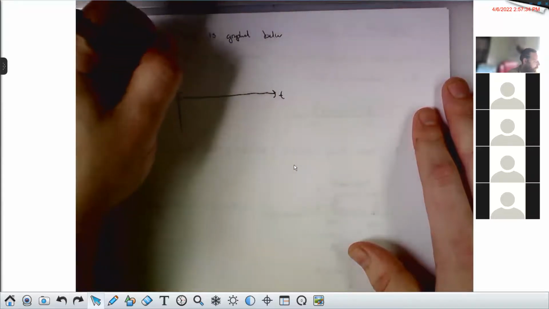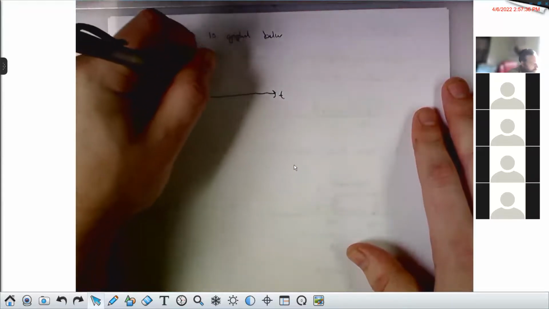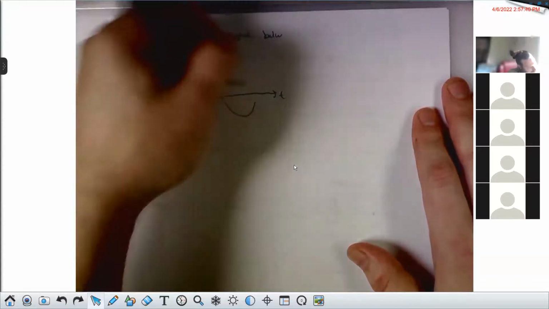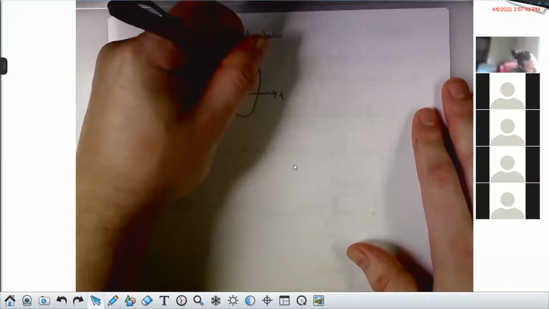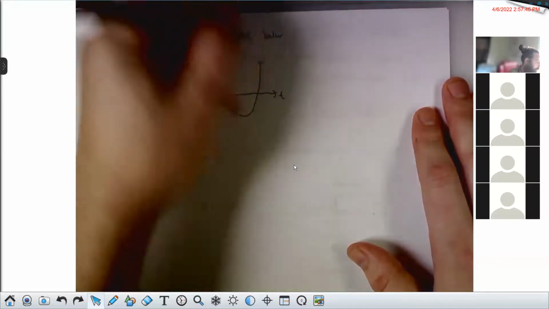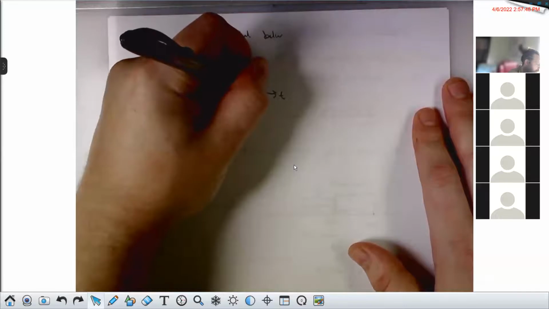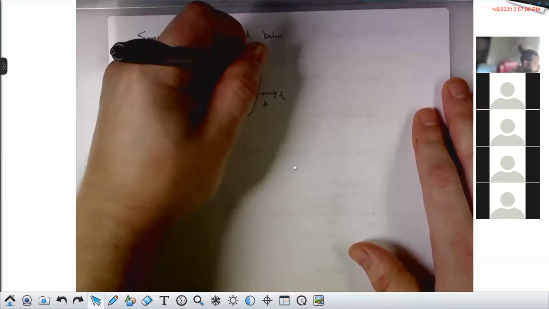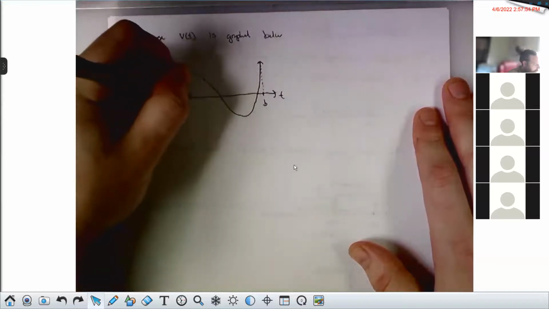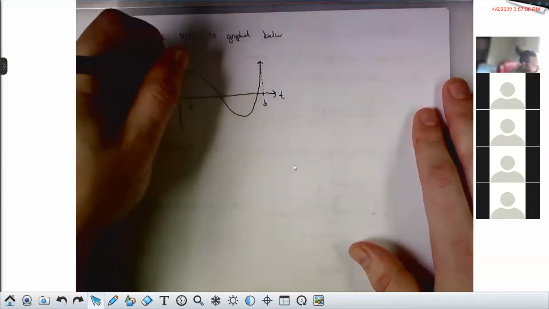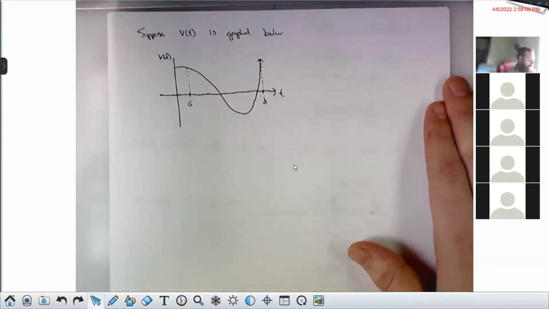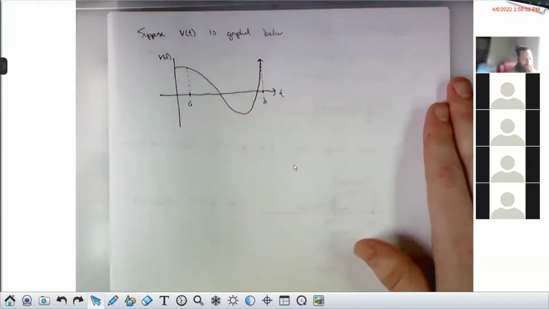This is my t-axis. And maybe I do something like this. And maybe B is here. Maybe A is here. So here is a not always positive velocity function.